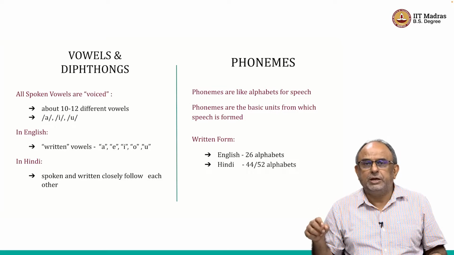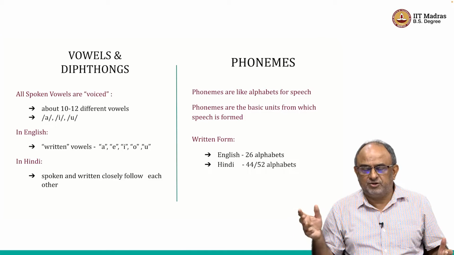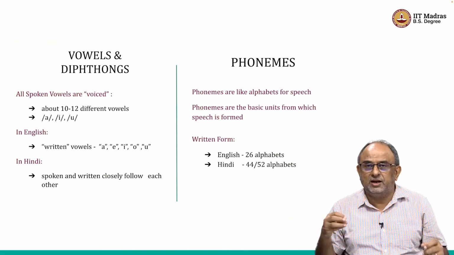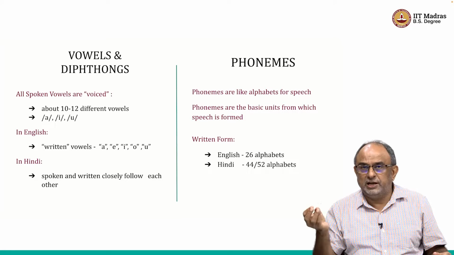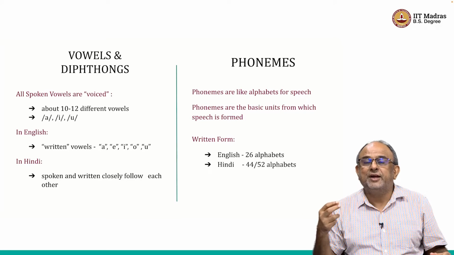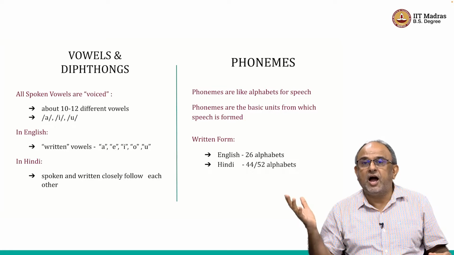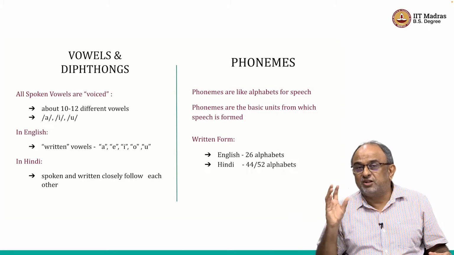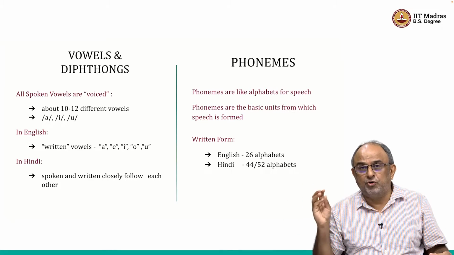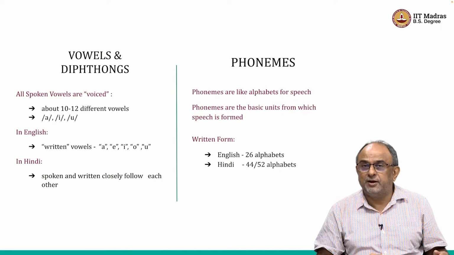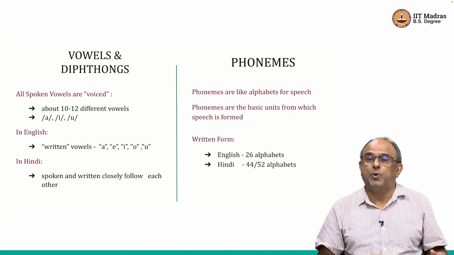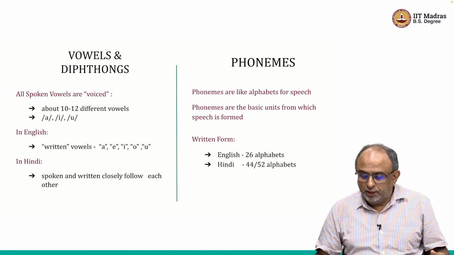If I say B-O-Y, I know it's the word boy. Similarly, in spoken language, when I say boy, there is b, o, which is the diphthong, and i. Those are the 3 sounds, the 3 phonemes that add together to form the spoken word boy.